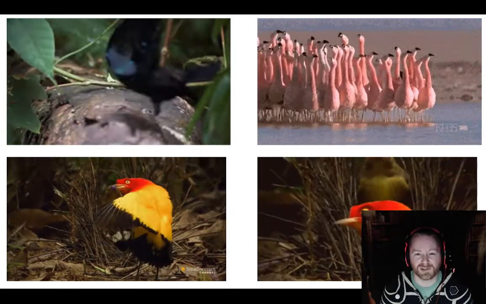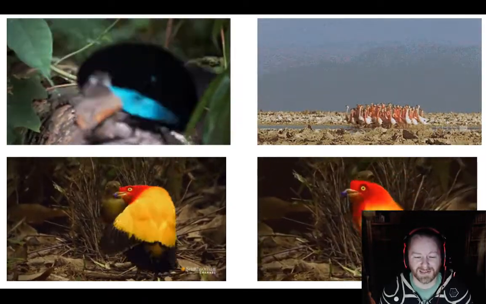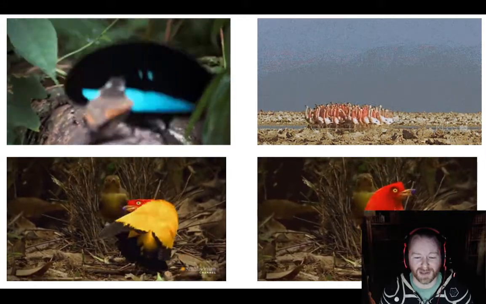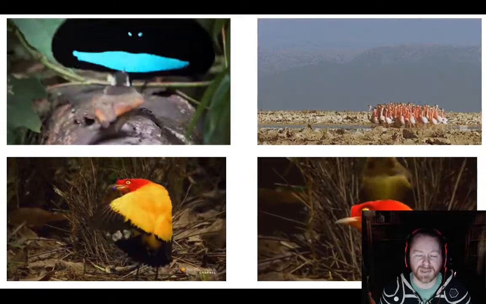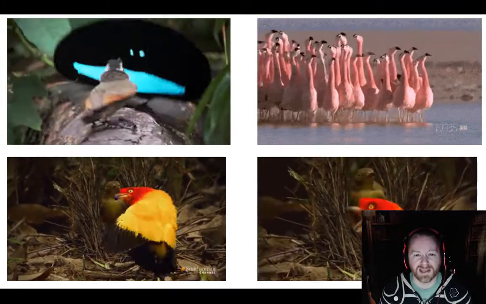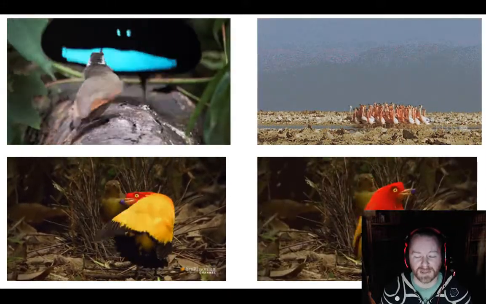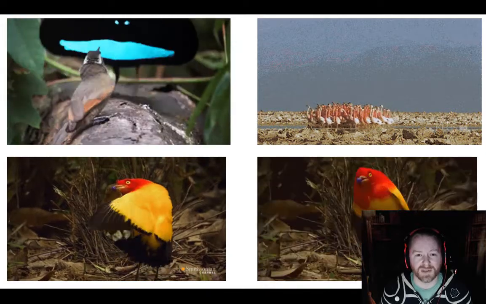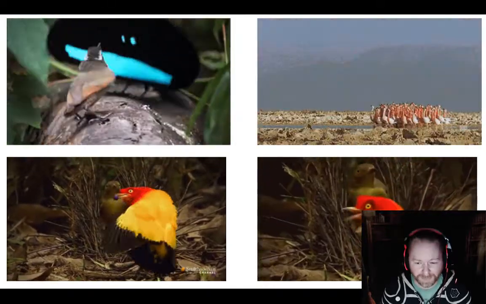Here's another one. I call this the Michael Jackson bird. I actually don't know off the top of my head the actual name of this bird, but he does a little dance. He's very brightly colored. You can see the female in the background. He spends a lot of time and energy and effort building a nest to impress the female. Then he goes around and he finds objects that are the rarest colors in nature, blues and purples, and he decorates his nest with it, because if those are hard to find and he finds a lot of them, that means he has good stamina.